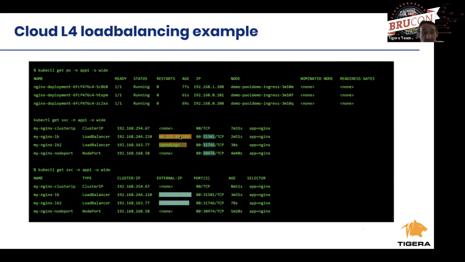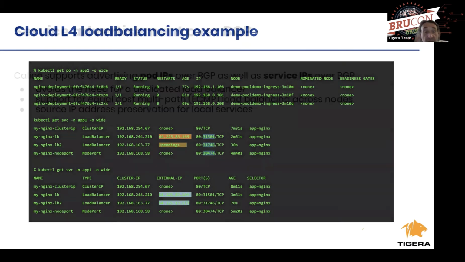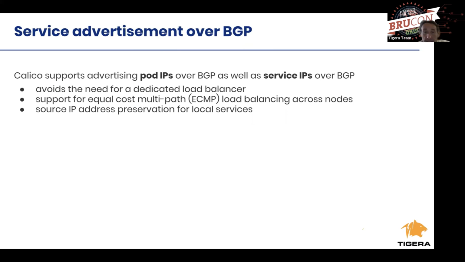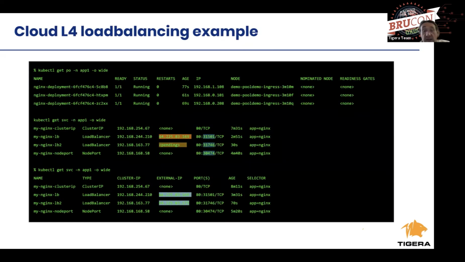Just keep in mind, I put a tool here. Creating a load balancer can take a few seconds up to a few minutes for sure in cloud environments. So using load balancers has its pros and cons. It's a little bit outside of the scope for this discussion, but it's something which is used quite a lot.